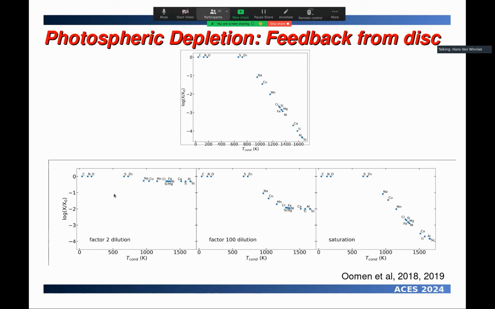With a factor of 2 dilution, you don't see a lot of effect. With a factor of 100 dilution, you see the effect strongly. And if you're saturated, then the material that you see on the photosphere of your star is completely dominated by the accreted material. So there is no link anymore to what the abundances were in the first place.